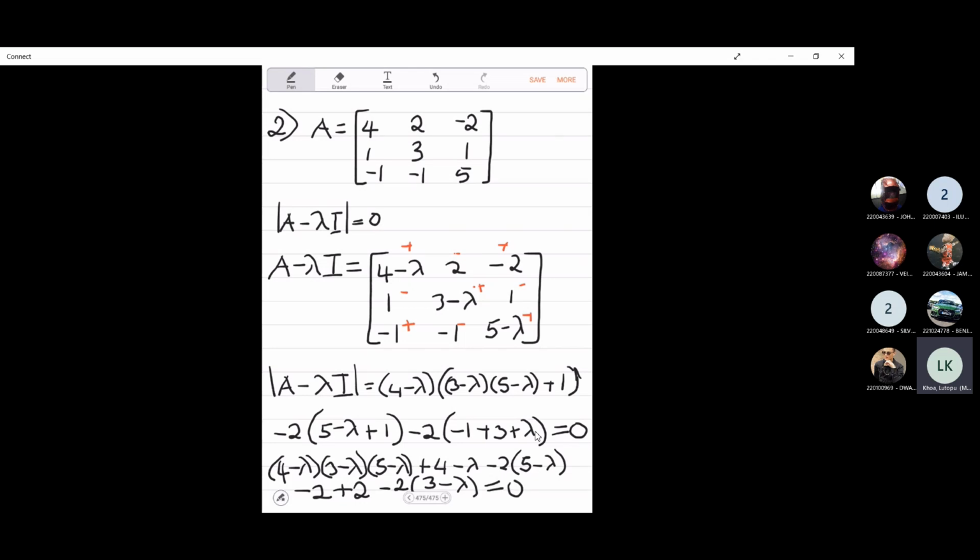So we see that these two will cancel. Then we can expand this. This is 4 minus lambda minus 10 plus 2 lambda minus 6 plus lambda. So I have 4 minus 10 here.